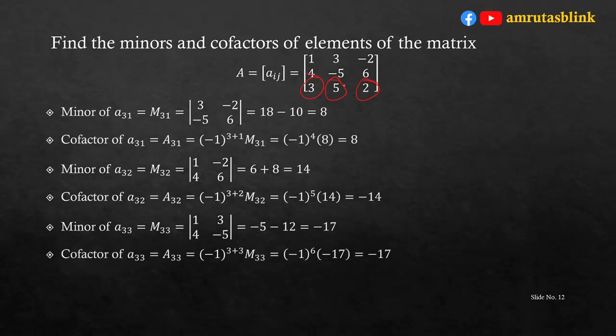The cofactor of this element A33 is equal to minus 1 raised to 3 plus 3 into M33. So, minus 1 raised to 6 into minus 17, that is minus 17. So, in this way we have calculated the minors and cofactors of all the 9 elements.